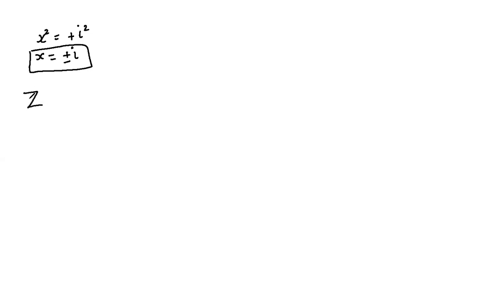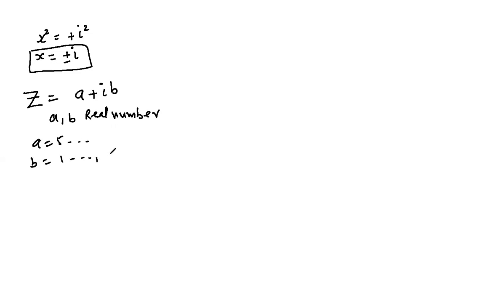Now we say that a complex number z is denoted by a plus iota b, where a and b are real numbers. These numbers can be anything, like a can be 5 or whatever real number, and b similarly 1, 2, and it can also be a fraction like 1 by 2, 1 by 6, like this.